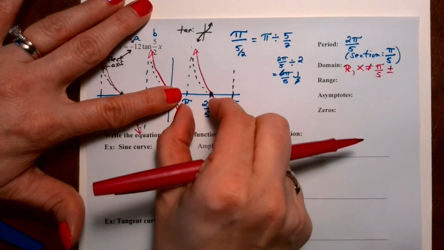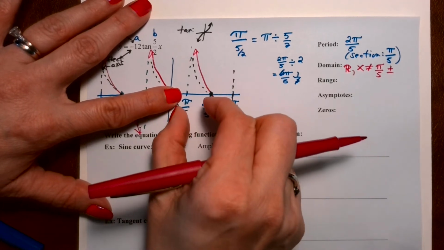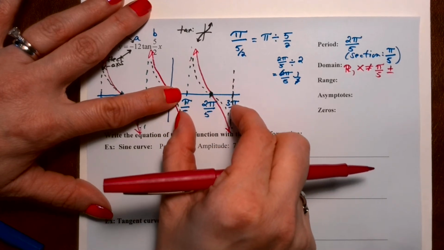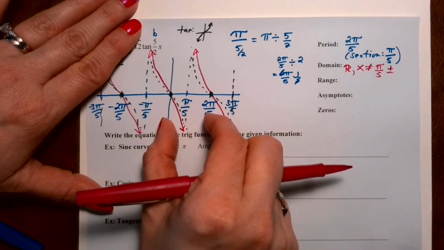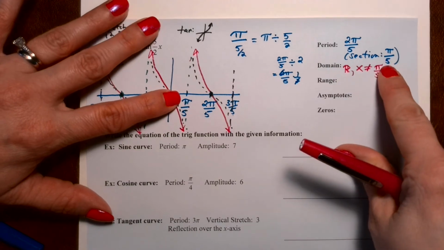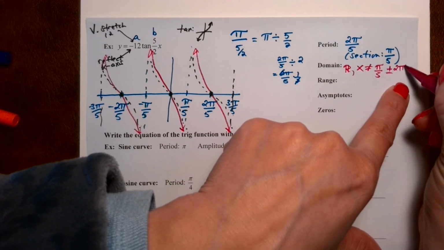I notice it's 2 sections. Okay, you don't just say it's through pi over 5. The space is 2 sections. What is the space of 2 sections? 2 pi over 5. Okay, 2 sections. Not 1 out of 5, but 2 pi over 5 n.